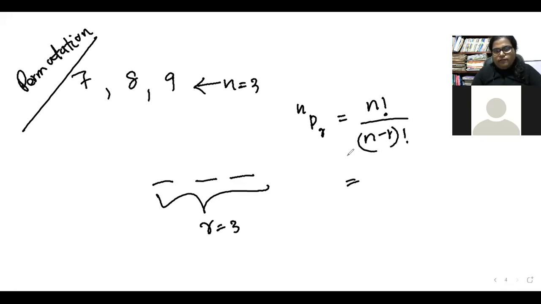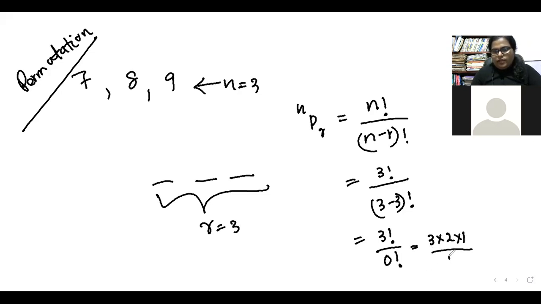According to this question, it is 3 factorial divided by 3 minus 3 factorial, because our n is also 3 and r is also 3. So it is 3 factorial divided by 0 factorial. You know that 3 factorial is 3 into 2 into 1 and 0 factorial means 1. So the answer for this one is 6. Right?